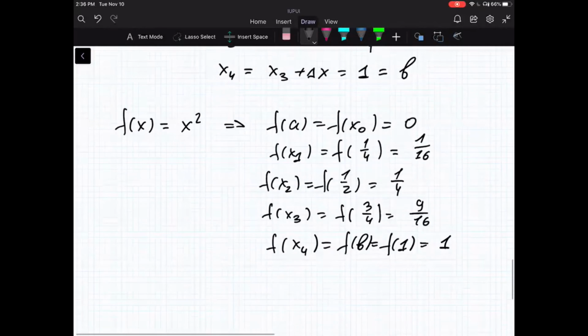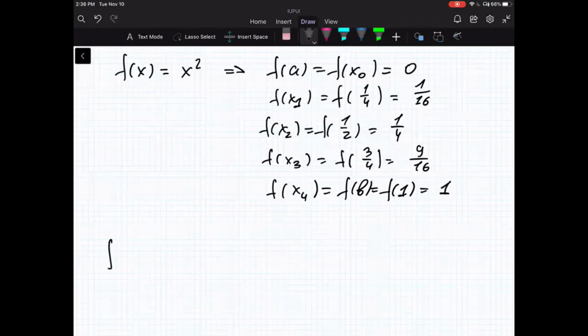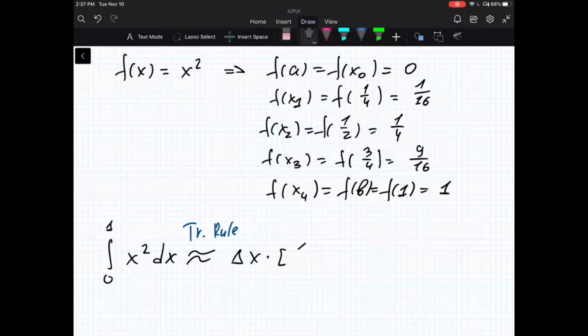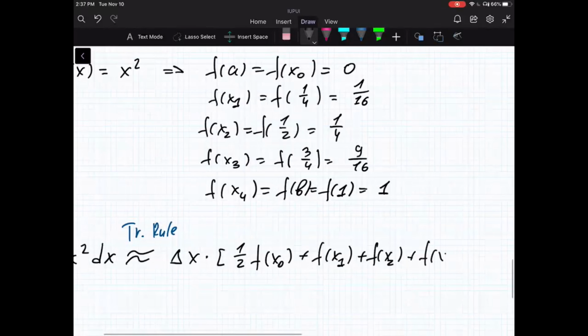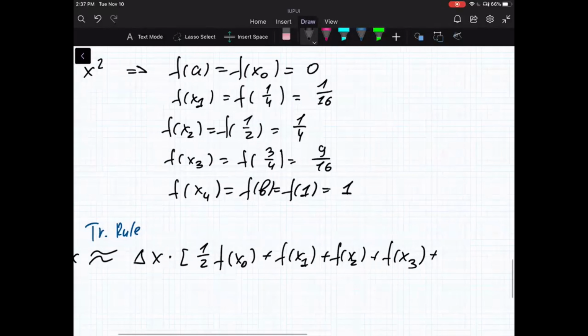And so our integral from 0 to 1 of x squared dx can thus be approximated using the trapezoidal rule by the following expression. Delta x times 1/2 f at point x0 plus f of x1 plus f of x2 plus f of x3 plus 1/2 f of x4.